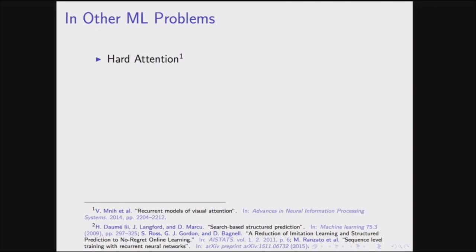Okay, there are also a lot of machine learning problems where people have started to apply reinforcement learning techniques. One example is attention. The idea in attention is you don't want to look at the whole input at once. You want to just focus on part of it. One example of this is with a large image, you might want to just crop out part of it and do detection on that part of the image.